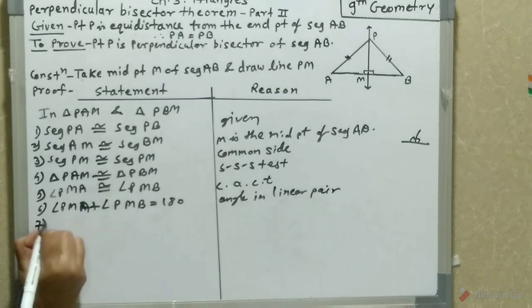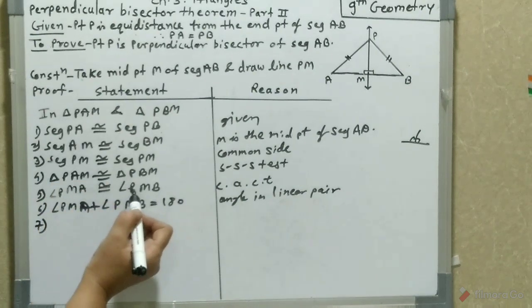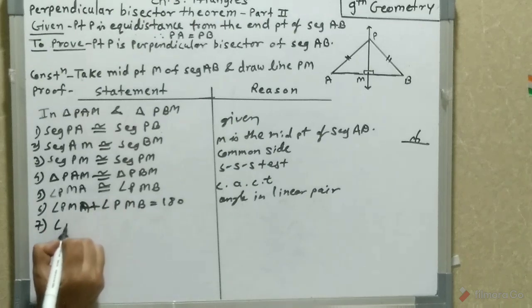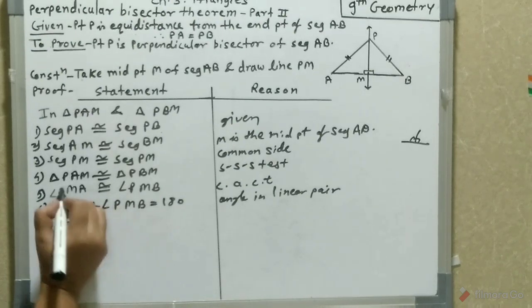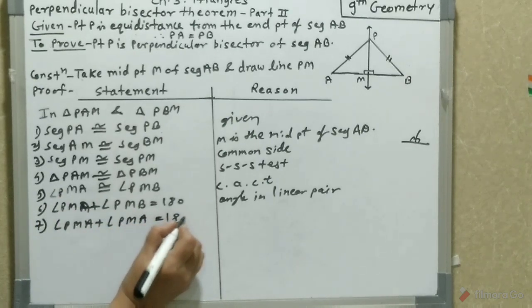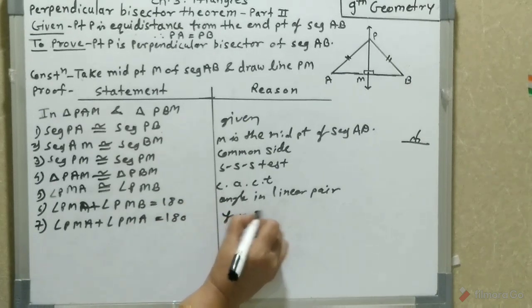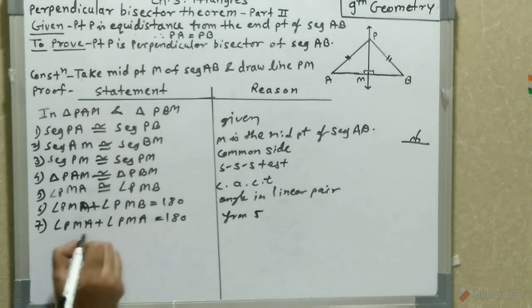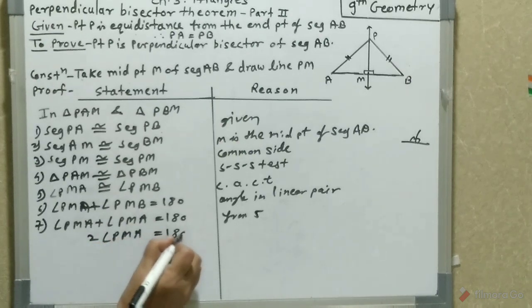Okay. Now see here, angle PMA is equal to angle PMB. Therefore I write here PMA plus, in this place PMB, I write angle PMA. So 180, that is from our statement number 5. So 2 times angle PMA is equal to 180.